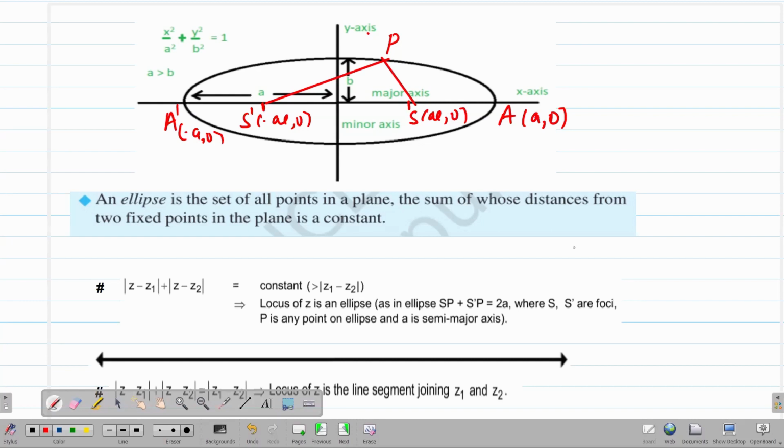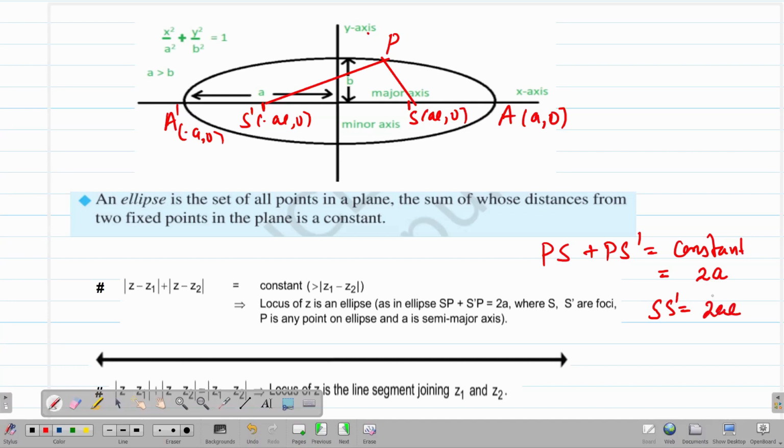That is, PS plus PS dash is always constant, and this constant is the length of the major axis, which is 2a. The distance between two foci, SS dash, is the distance between (ae, 0) and (minus ae, 0), which is 2ae.